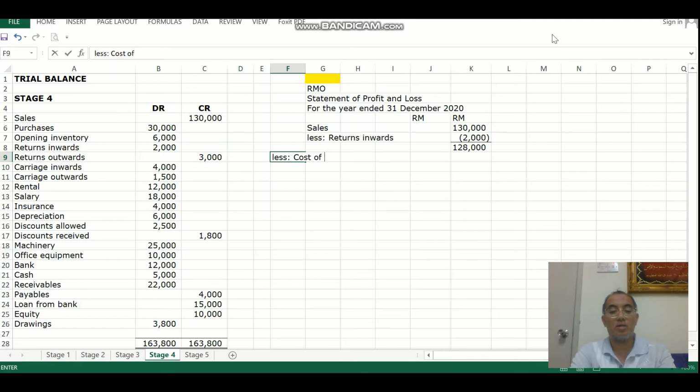Okay, after that you less cost of goods sold.